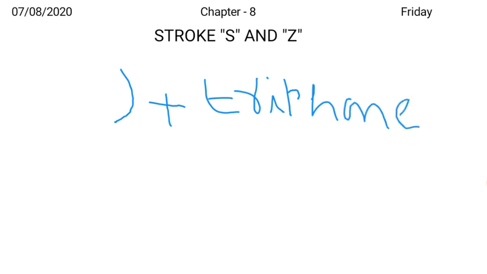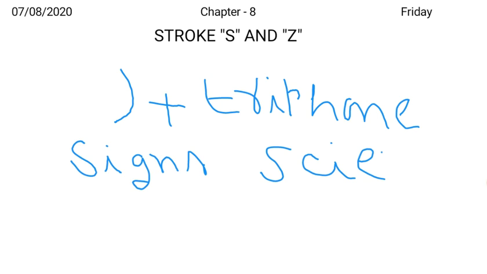So when a word begins with S and is immediately followed by a triphone, this S should always be represented by stroke S. Compare these words: signs and science.